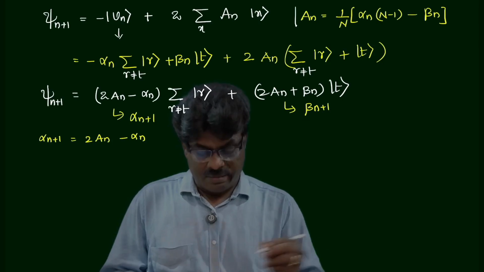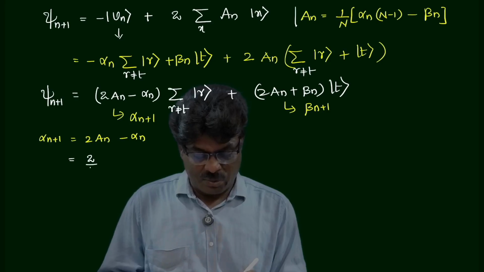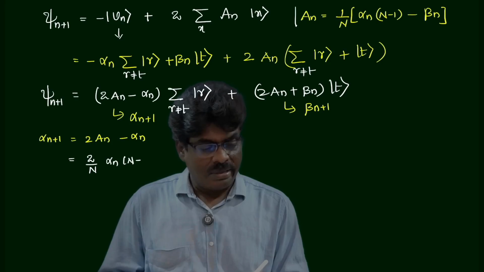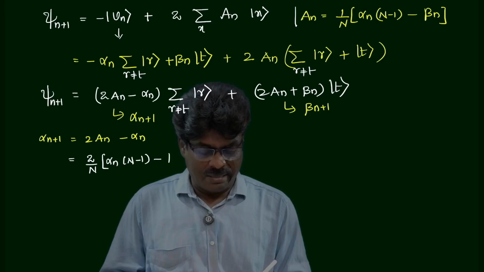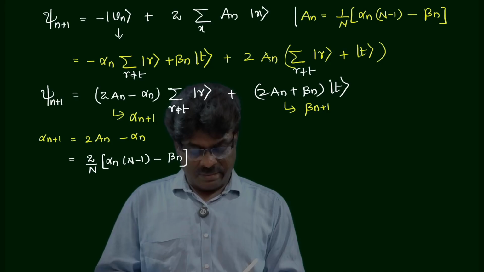Let me find this. So 2an we already defined as 2 by n into alpha n minus 1, minus beta n. Just to split it.